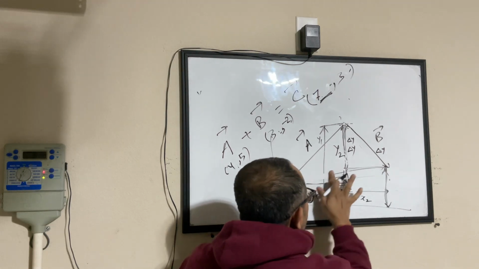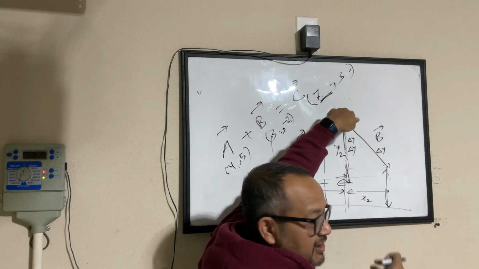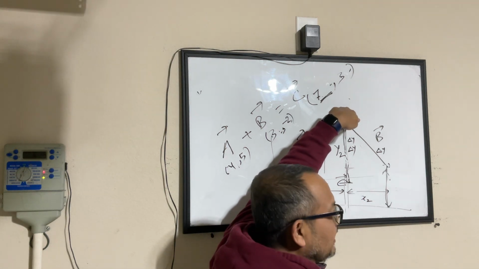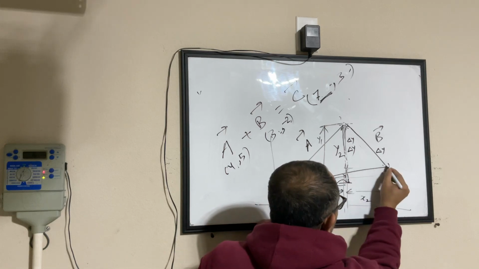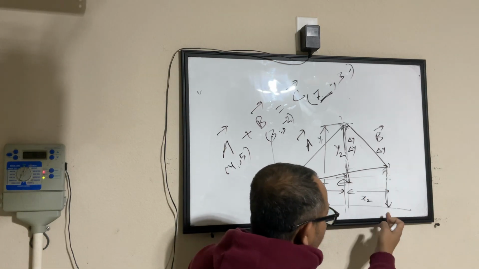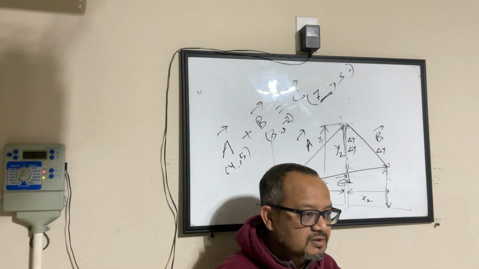So this was my vector A and this was my vector B. When I connected them, head of one to the tail of the other, this became my resulting vector, and the x and y components of that will be the sum of the x and y components of the two.